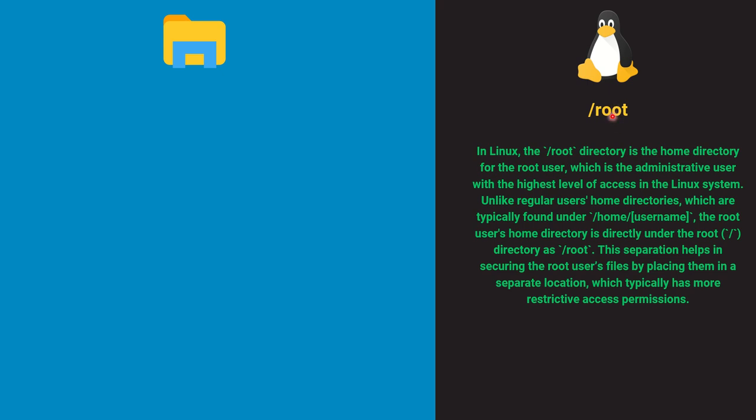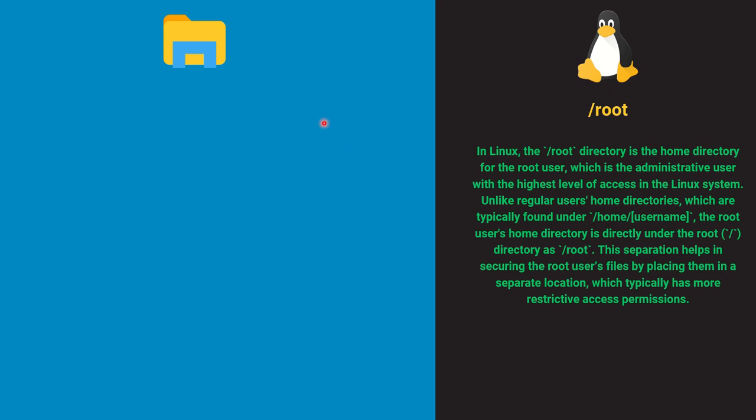And in /root, this slash is the main root directory, and under that you have this subdirectory known as root. So this is /root, the administrator's home directory. All the administrator's files, personal settings, and configuration are stored here under the /root directory.